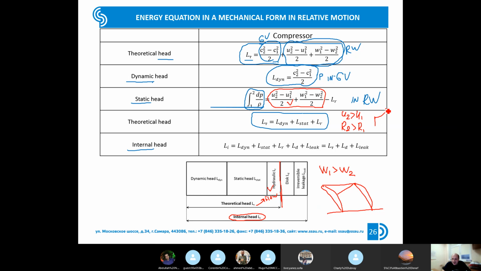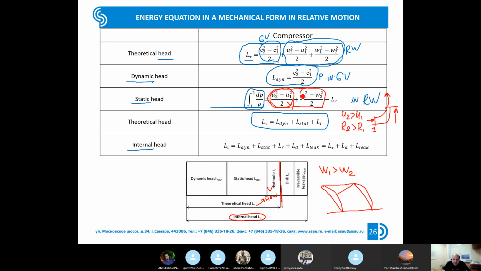Look at the scheme of the centrifugal compressor. The flow comes into the low diameter and goes out to the upper diameter. So using the difference of the diameter, you can use this term to increase the pressure.